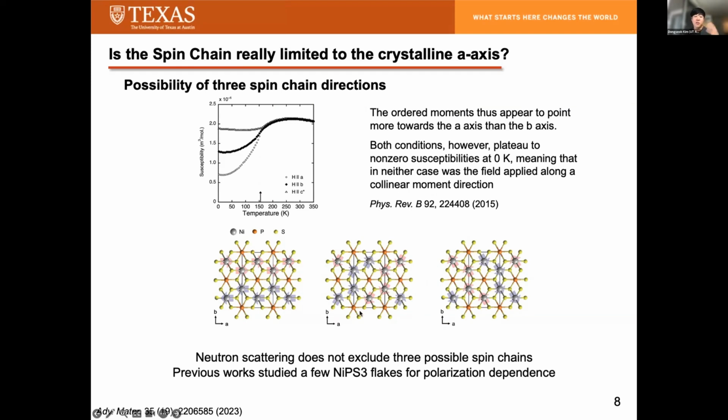So it's still an open question, and even if recent studies show the magnetic direction is along the A-axis, they just have a few examples. So we would like to figure out this problem.